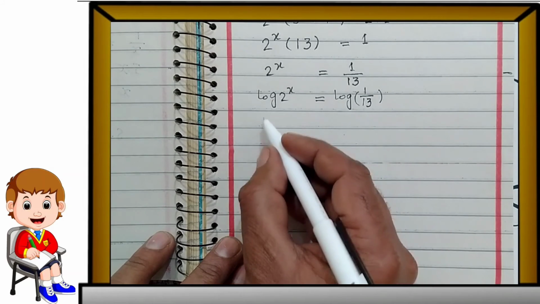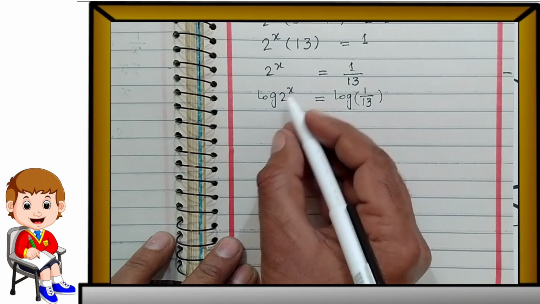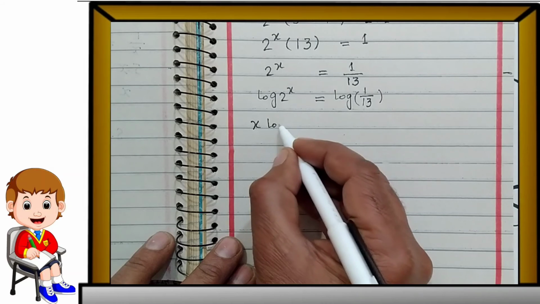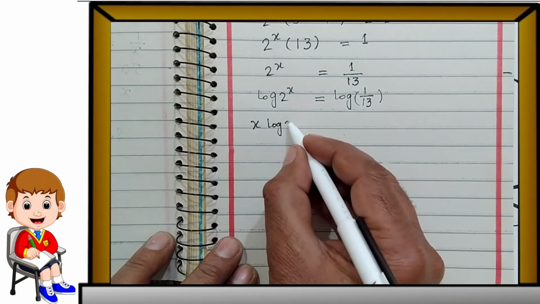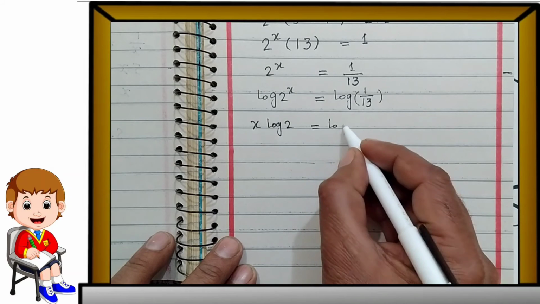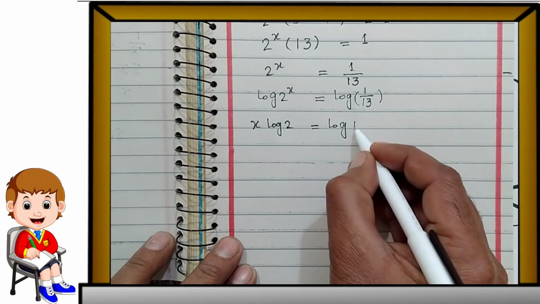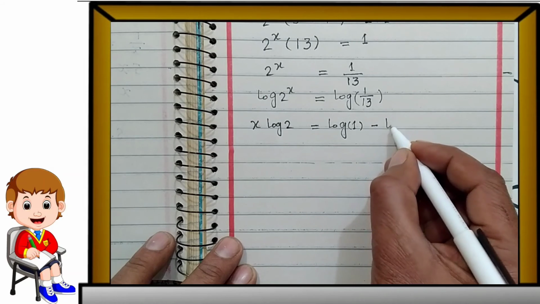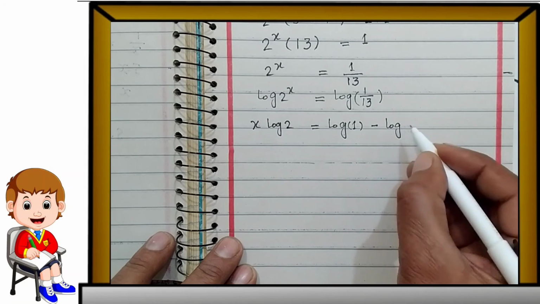Now by applying the logarithm laws, on the left the third law of logarithm, and on the right the second law of logarithm: log 1 minus log 13.